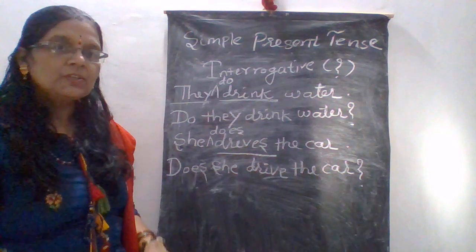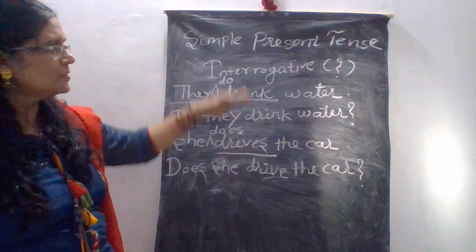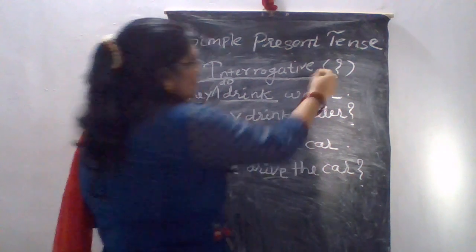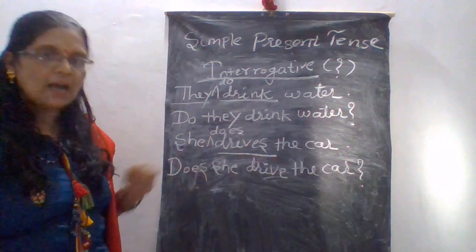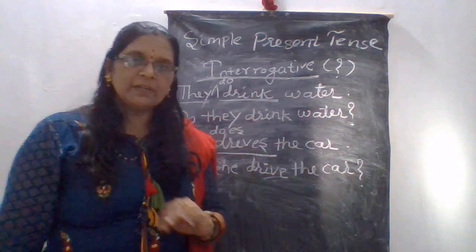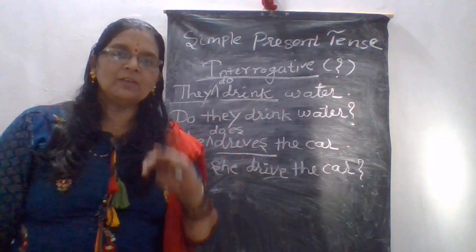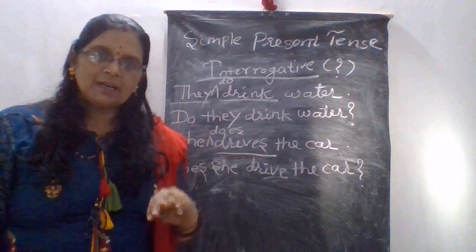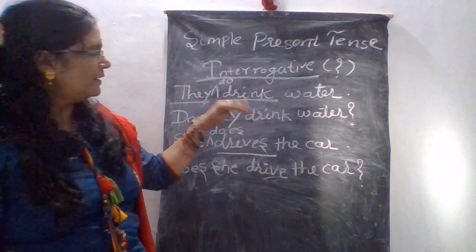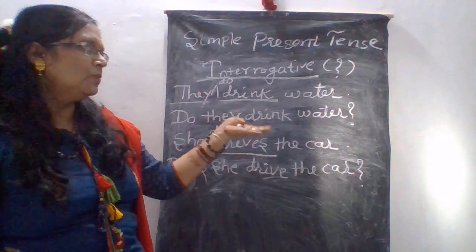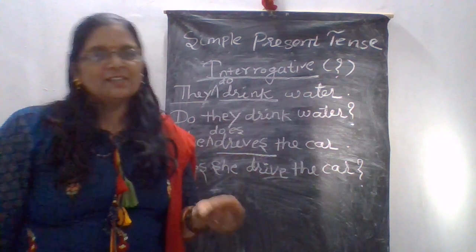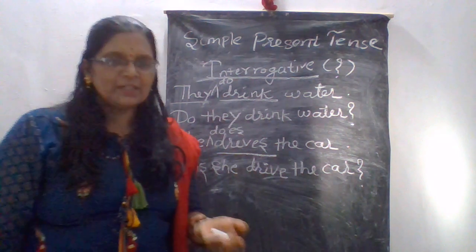Understand? I hope you understand how to make interrogative sentences. A simple rule to keep in mind: if we are making a question sentence with does, you have to remove s or es from the verb. And if you are making it with do, there is no need, because we have not added s or es to the verb. Simple things.